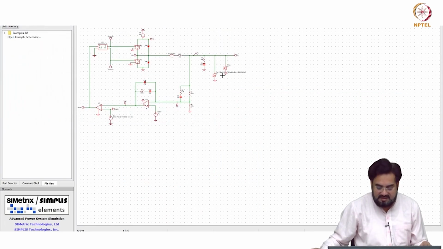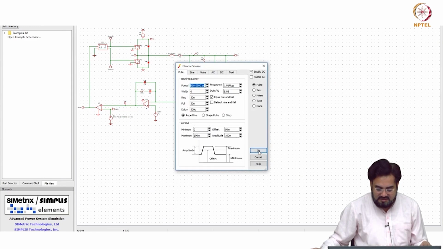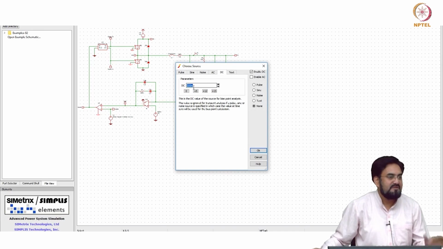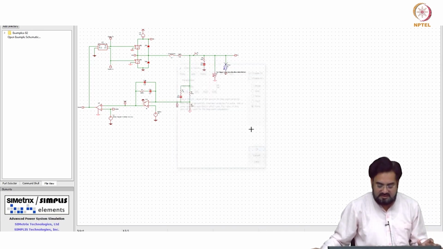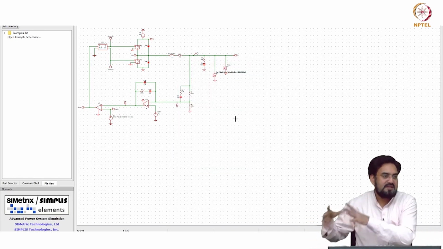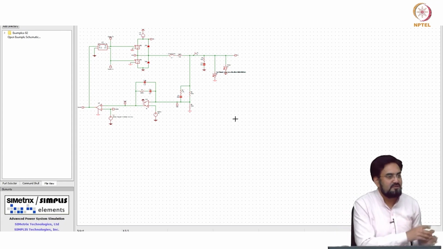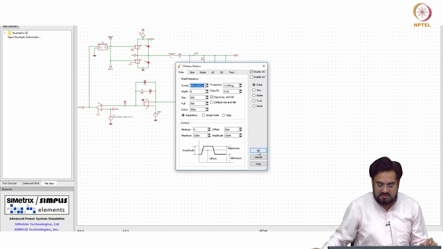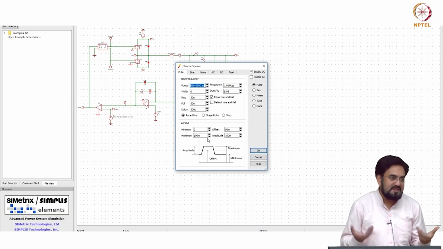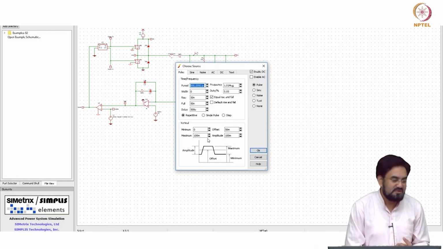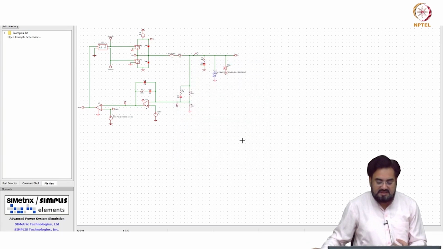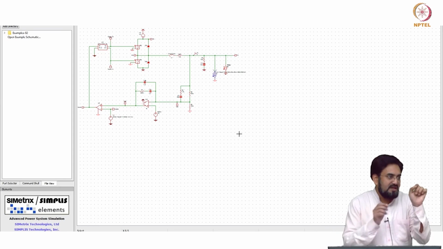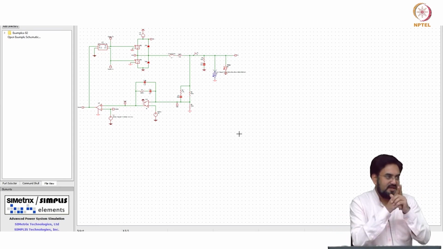So what I have done here, I have a 500 milliamp fixed DC load current. Let us say some of the loads are DC, drawing DC current, and some of the loads are switching. The switching load will most likely be a digital load, and digital draws the current for a very short time.